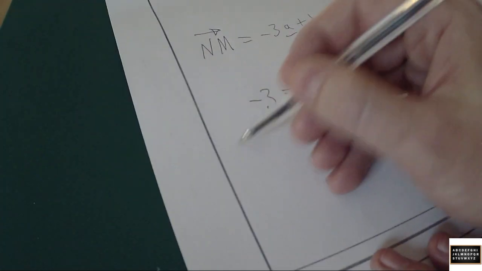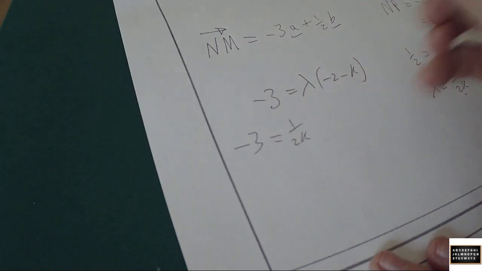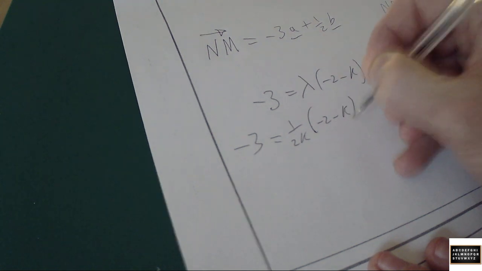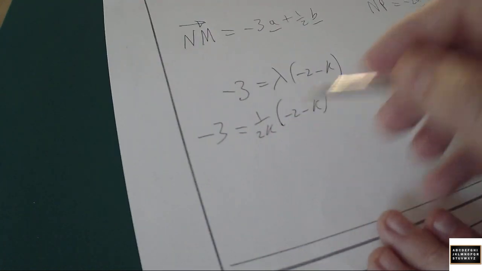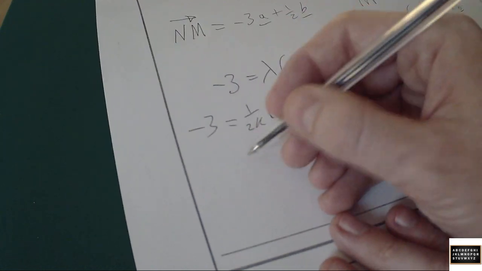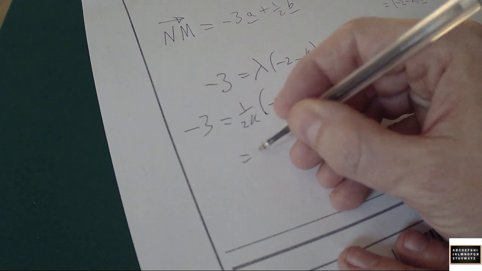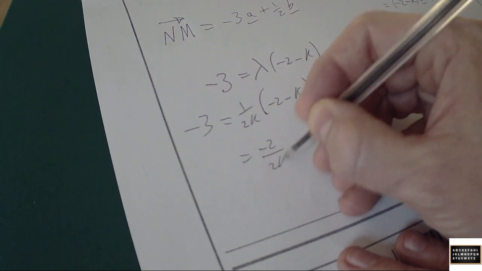If I do that, the whole thing falls apart. So 1 over 2k times minus 2 minus k, and now I'm going to solve this. Again, this is without a calculator, I think. Oh no, sorry, this is paper 3, so this is with a calculator, but this is quite hard to get your head around. Hopefully you can see what's going to happen here if I take my time with it.